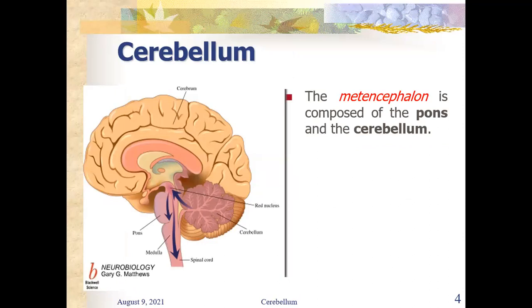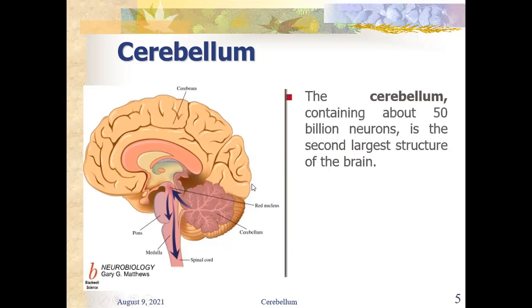Remember, the metencephalon is made up of the pons and the cerebellum. You can see the cerebellum here situated posteriorly to the brainstem. Anteriorly to the cerebellum, you can see the pons. So the pons and the cerebellum are parts of the metencephalon.